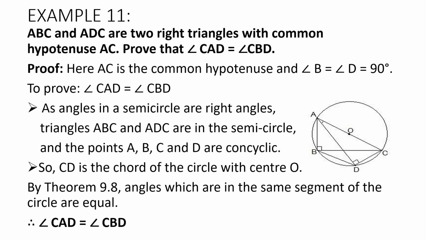As angles in a semicircle are right angles, the triangles ABC and ADC will be in the same semicircle, and so points A, B, C, D are concyclic. Now CD is the chord of the circle. So by theorem 9.8, angles which are in the same segment of the circle are equal. So angle CAD and angle CBD are in the same segment and hence they are equal.